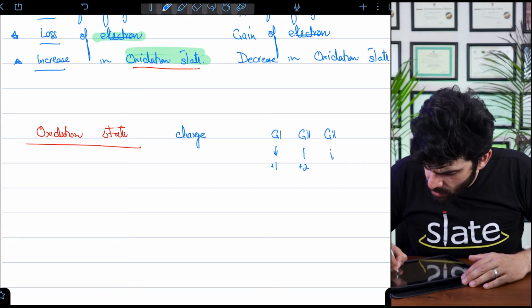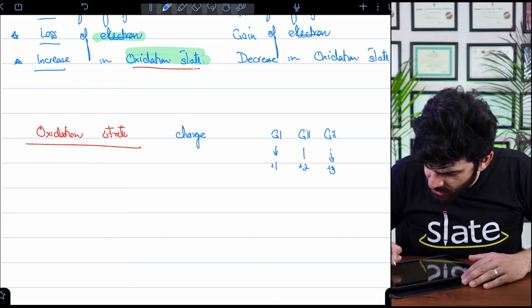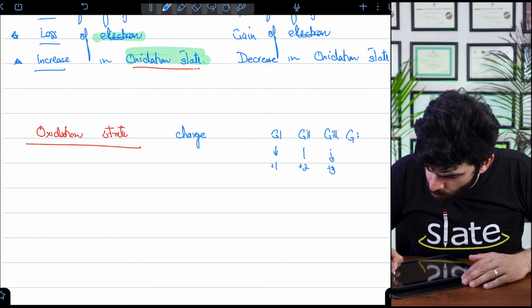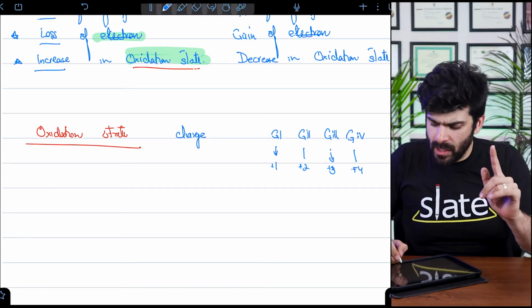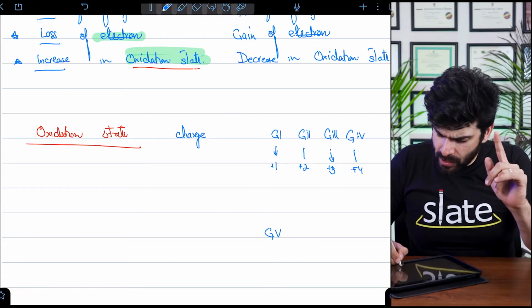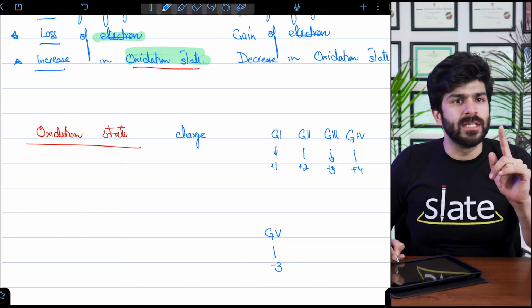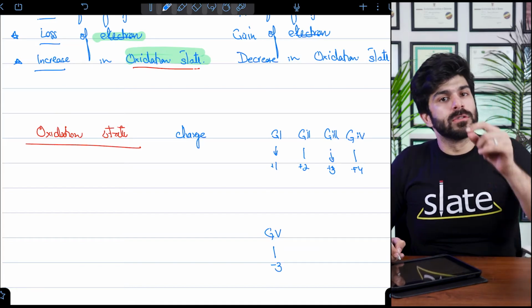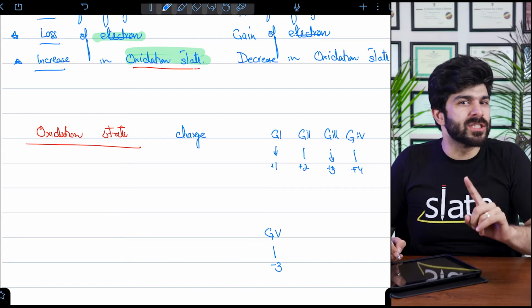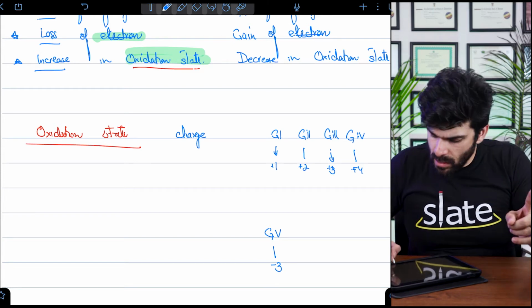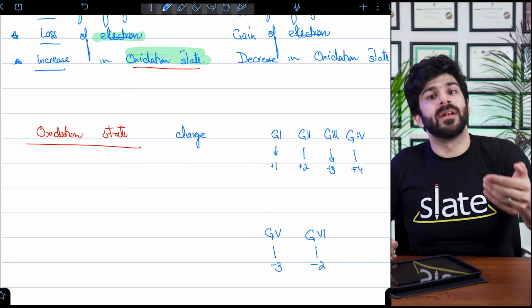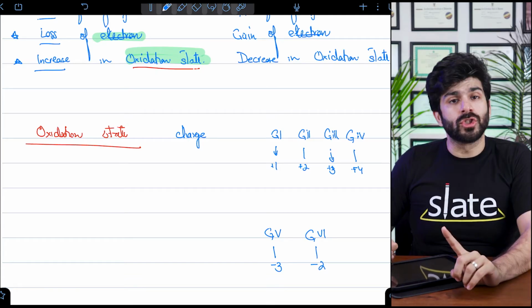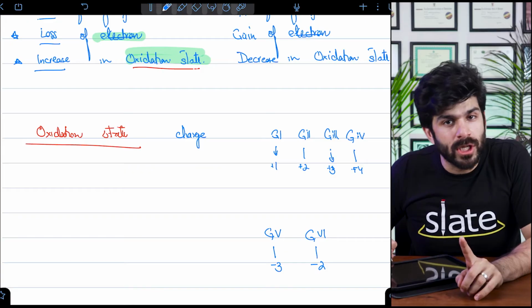Group 3, +3. Group 4, +4. And as per the periodic table, we knew that group 5 will have a -3. But that's not fixed. The charge is there, but oxidation state can vary. Likewise, group 6, -2, again, that's the charge, but not the only oxidation state.